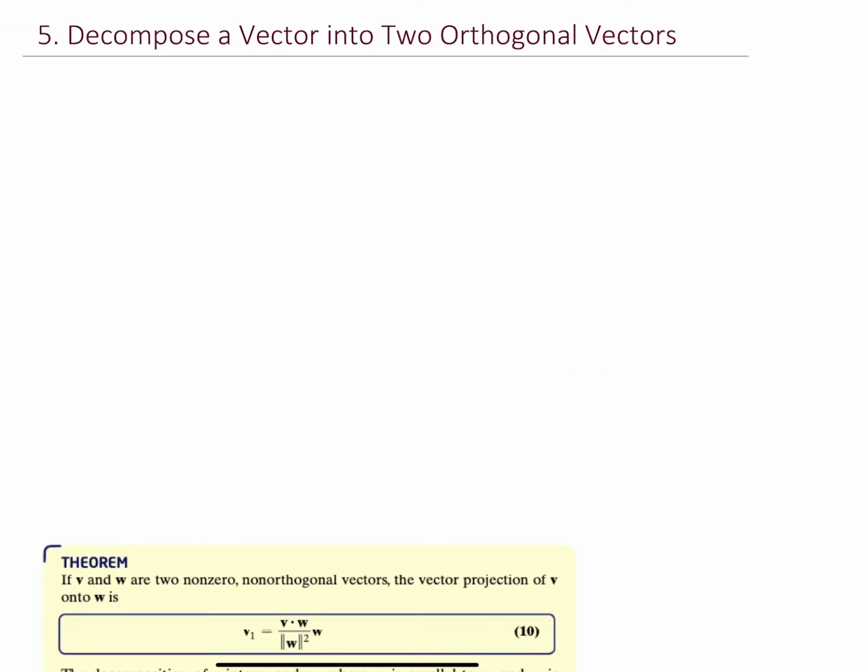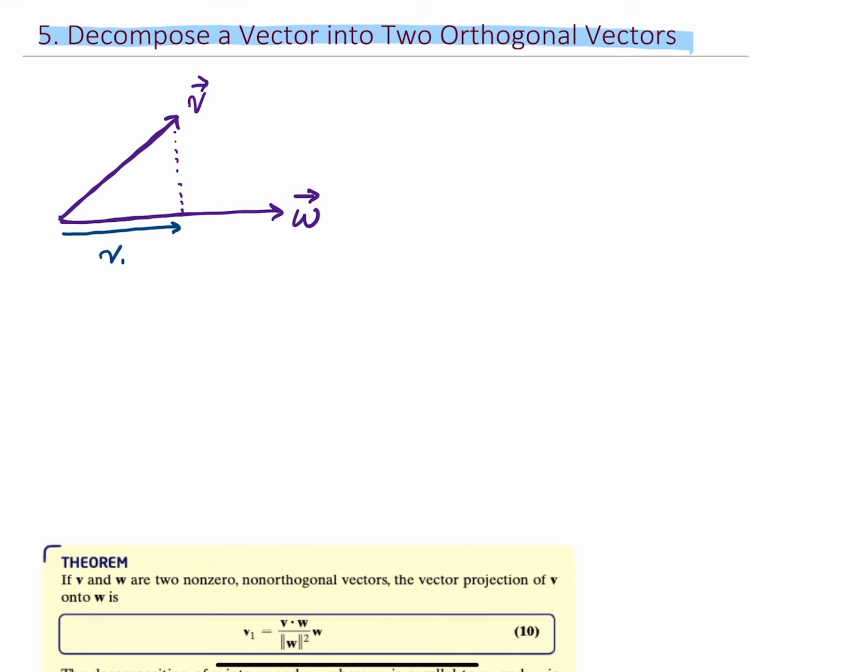All right, our last piece of this section is decomposing a vector into two orthogonal vectors. So here's what we mean by that. If we have some vector v, and let's say we have some other vector w, we might be asked to decompose this vector v into the sum of two vectors where one vector is parallel to some other given vector.